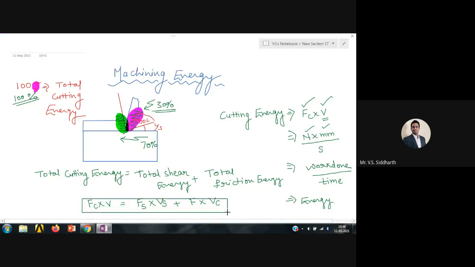So this is the final expression for the cutting energy, or cutting power also. Is it clear up to here? Okay. Yes, good, very good.